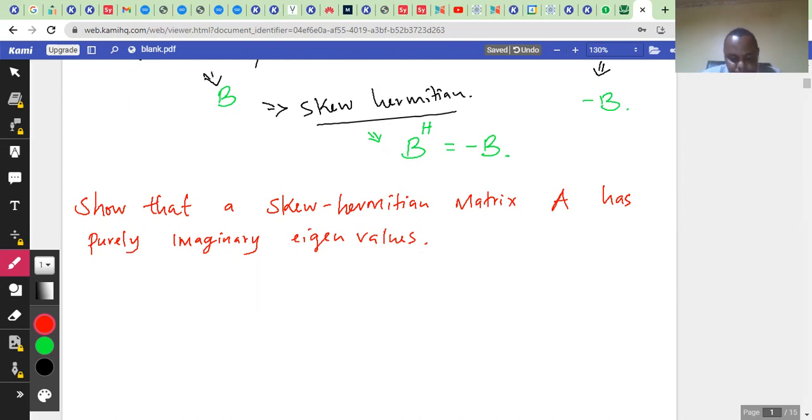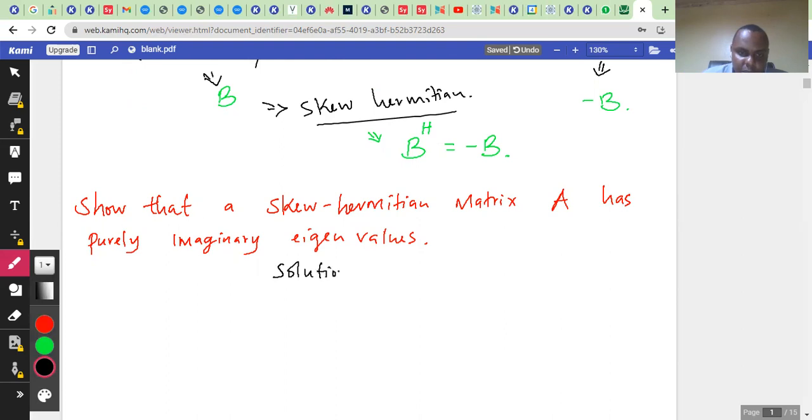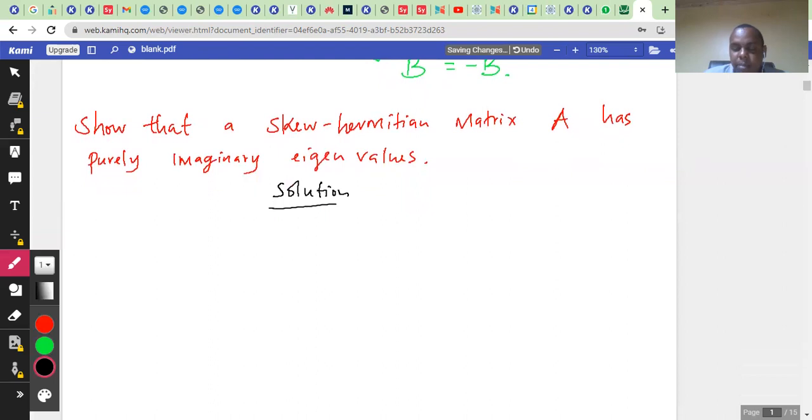Okay. So we start with the definition of an eigenvalue. So let's do the solution. Remember, I told you an eigenvalue is a real number that's going to behave like your matrix for some vectors inside your space.